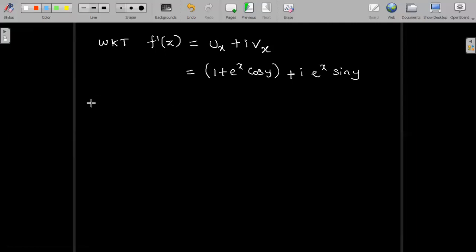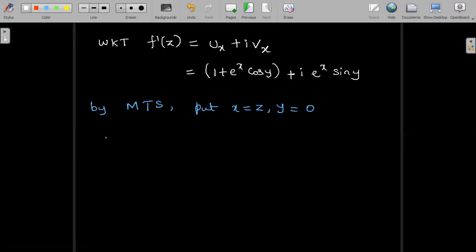By Milne-Thomson substitution, which I use the short form MTS, we substitute x is equal to z and y is equal to 0. Milne-Thomson substitution in the Cartesian form is x is equal to z and y is equal to 0. So substitute everywhere x is equal to z and y is equal to 0.